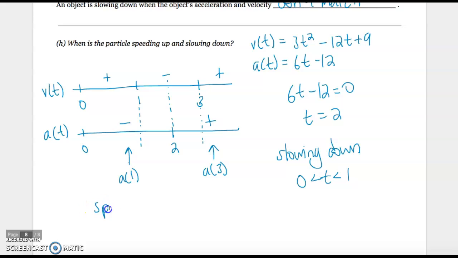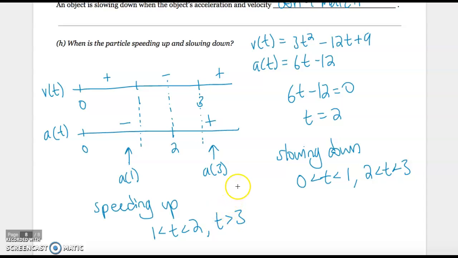So that means your object was speeding up. From 2 to 3 seconds, my velocity is negative, but my acceleration is positive, and so my object is slowing down. And then from 3 onwards, both my velocity and acceleration are positive. So I would say for t greater than 3, my object is speeding up again.